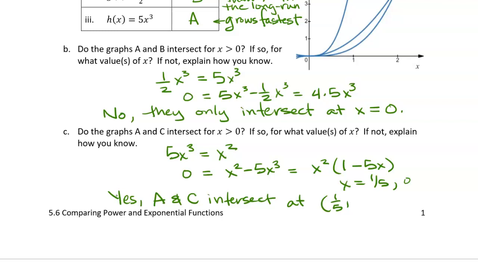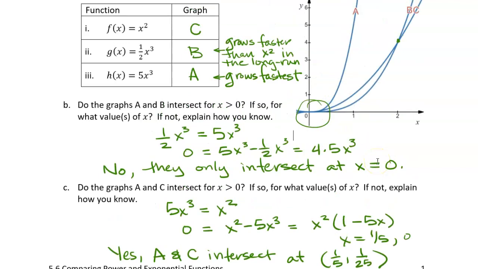The functions are 5x cubed and x squared, so it looks like 1/25 would be the y value. So they would intersect at the point (1/5, 1/25). Obviously you can't see it on this graph, because unless I zoom in really close, you can't see that intersection point, given the graph that I'm showing here. I'd have to zoom in.